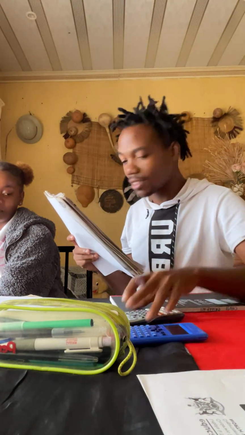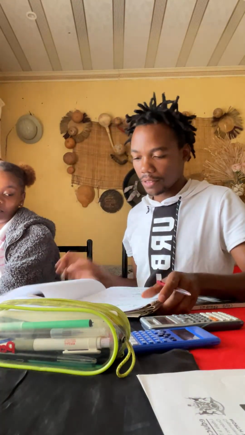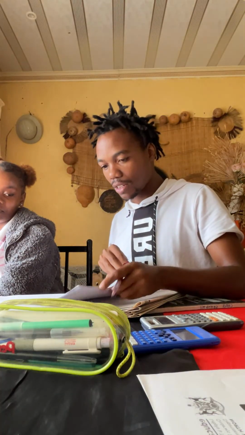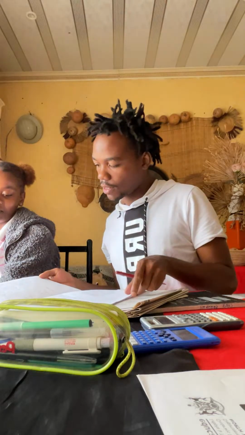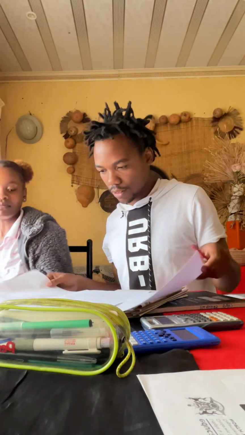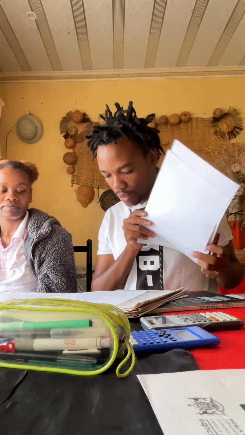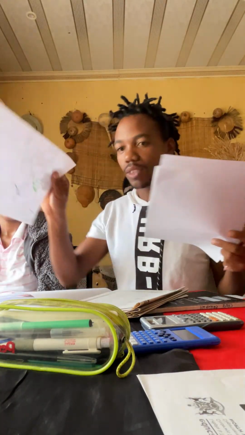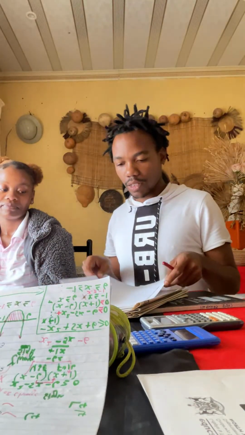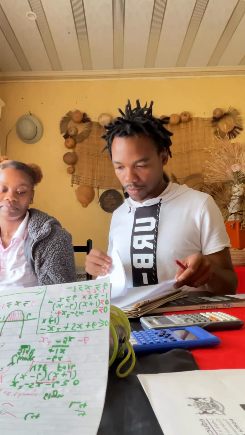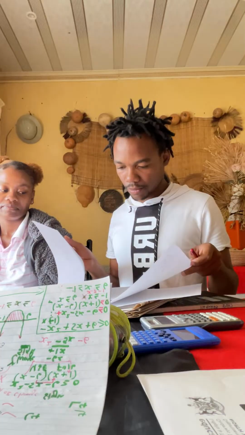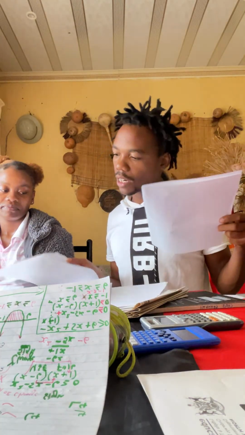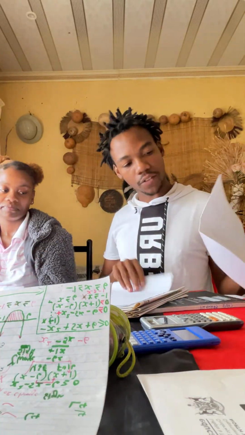What's happening? Then here, we're here. Question 1 and 2. Almost. Three, 4. Then we'll go to 5 here.